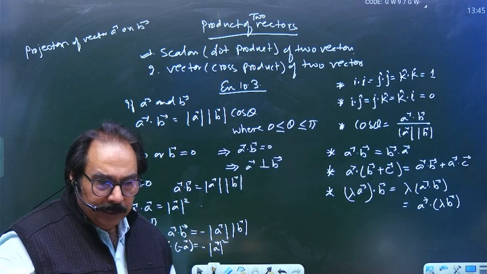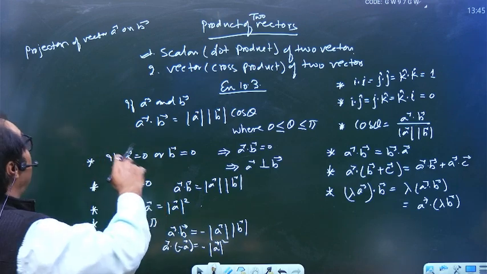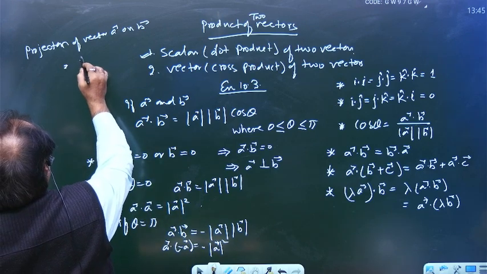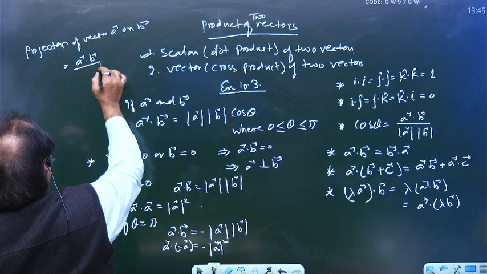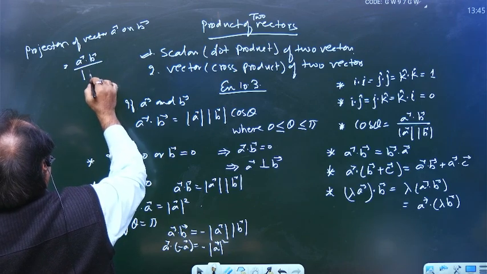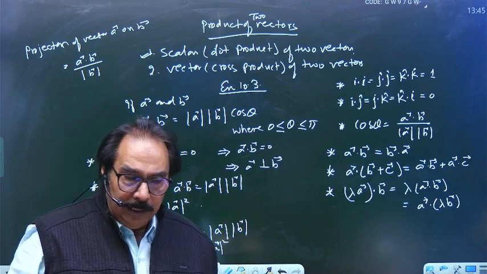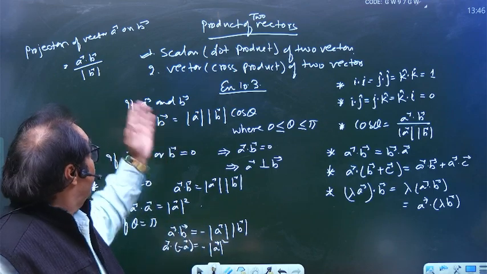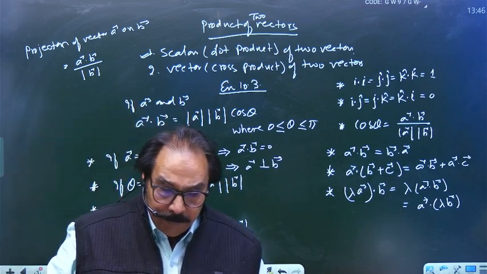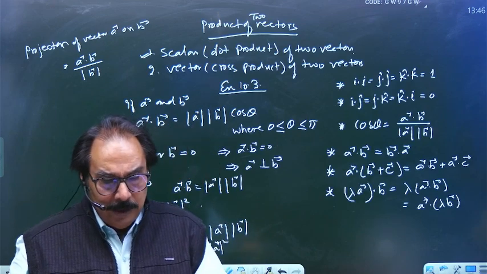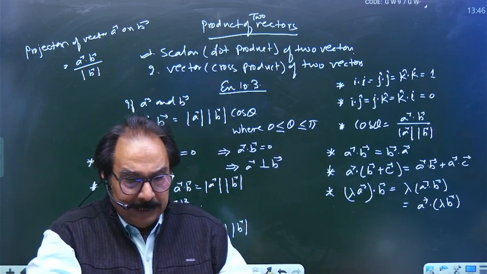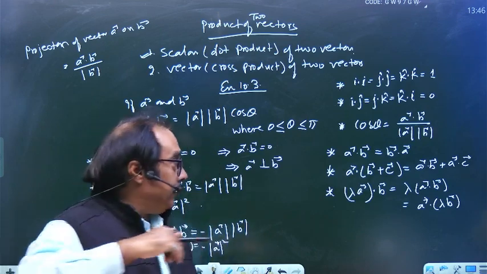The projection of a on the vector b is equal to a dot b divided by the magnitude of b. And if the projection is on a, then it is a dot b upon the magnitude of a, right? So these are the basic concepts of this exercise.